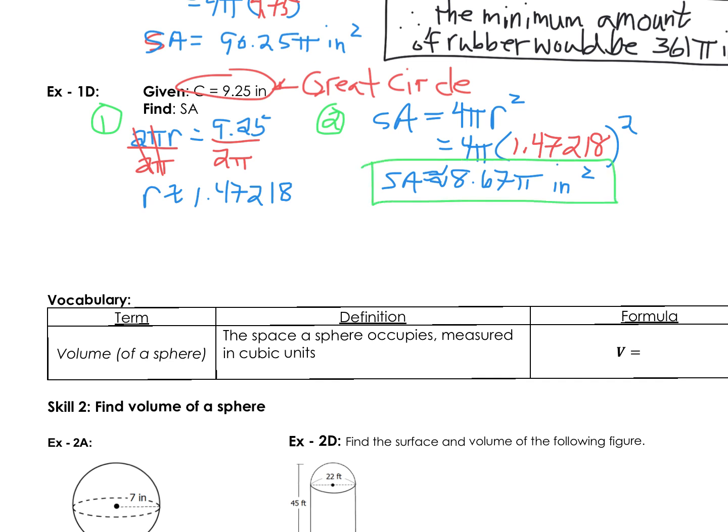So it's 8.67 pi inches squared. Let's see if I can make the squiggly equals prettier. There we go. That's much better.